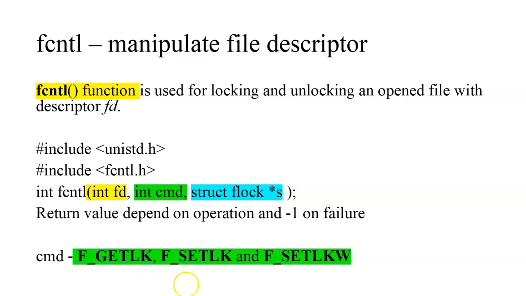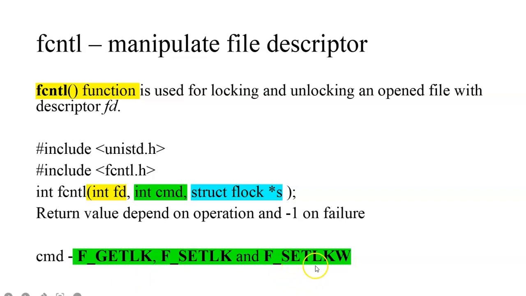It can be F_SETLK, which is used to set the lock on the file. If the command is F_SETLK, it means that you are trying to set the lock on the file. If it is F_GETLK, it means that you are trying to get the information about the lock that is set on the file.